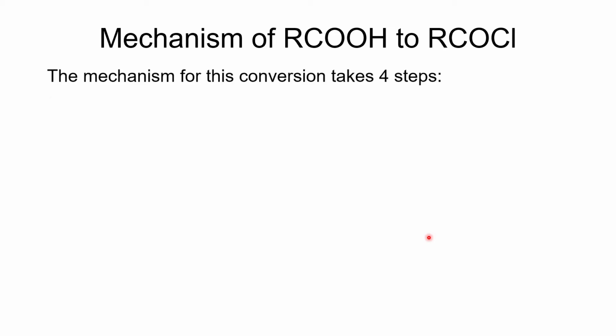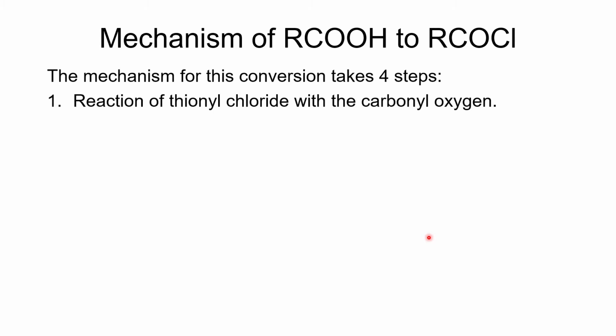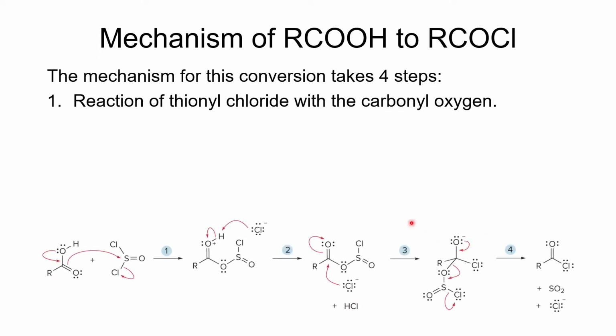All right. Let's look very briefly at the mechanism. There are four key steps in this mechanism, and I show you this mechanism not so much because I want you to reproduce it, but because I want you to understand why it works. The first step is that the thionyl chloride will react with the carbonyl oxygen.